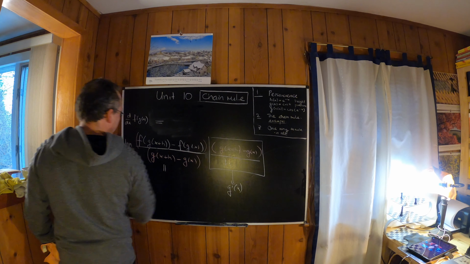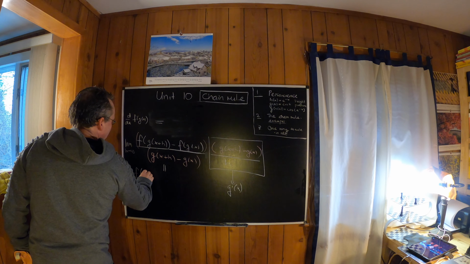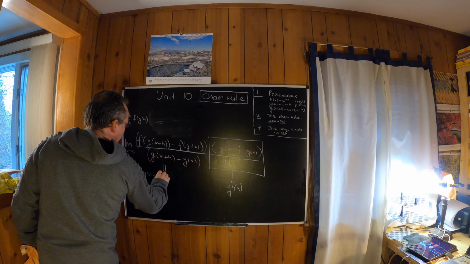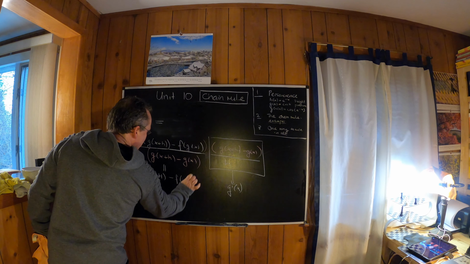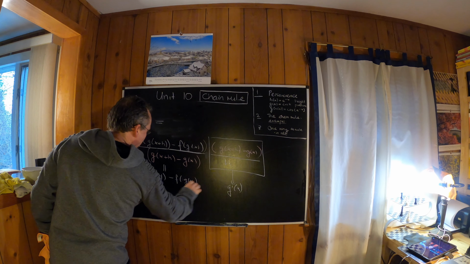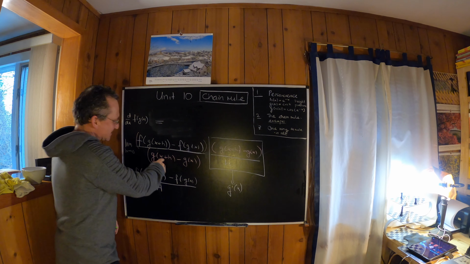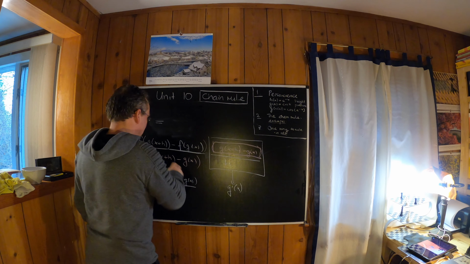This part here we can write as f of g of x plus h minus f of g of x, over h. And that h is the part which we have defined here.